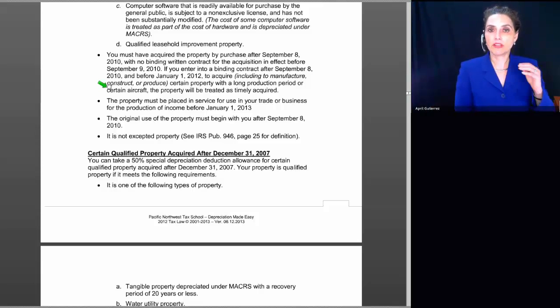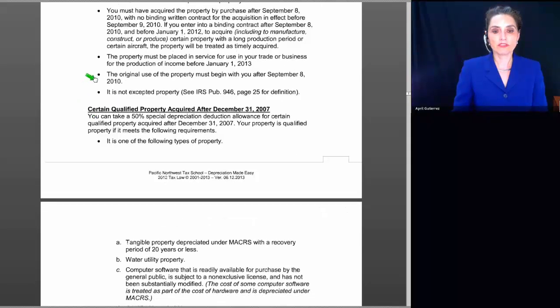And so if you placed an order during the time frame for an item that has a long production period like an airplane, then as long as that property is placed in service before the end of 2012, then you can still claim 100% bonus depreciation. So although a bonus depreciation of 100% does not apply to 2012, certain long production products would get 100% depreciation in 2012 if they were those long production type assets. But other than that, there's no 100% bonus in 2012.